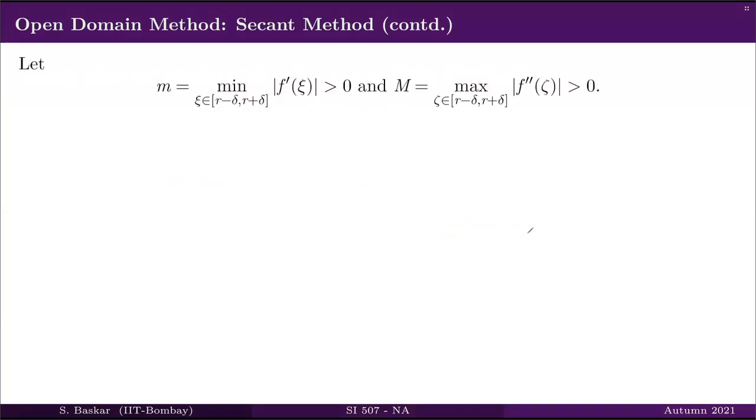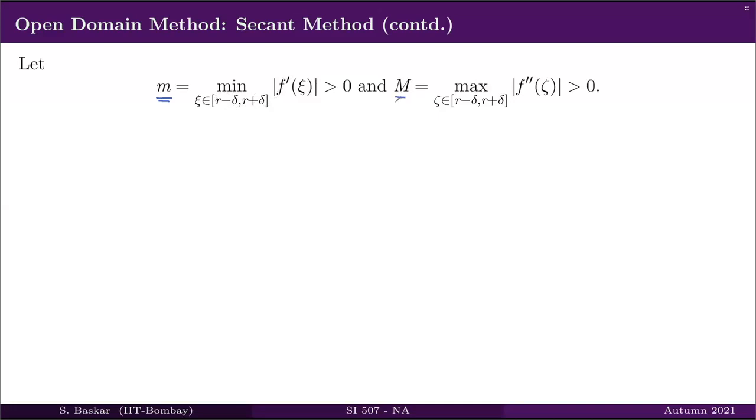Let us introduce two notations. We will always use the notation small m to denote the minimum of modulus of f dash of xi for all xi in our delta neighborhood of r. Note that we have not chosen our delta yet, but I am just introducing some notations here, and we will choose our suitable delta a little later.